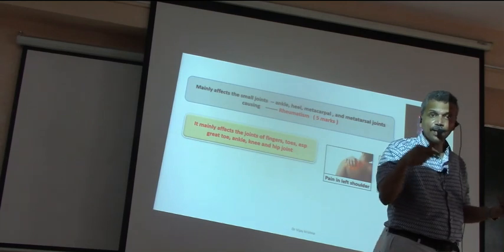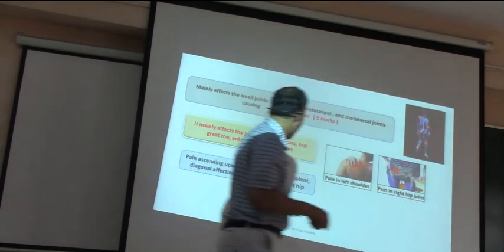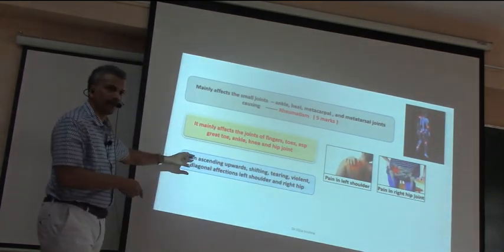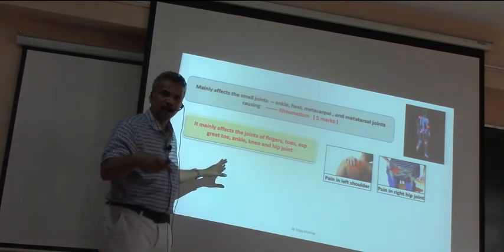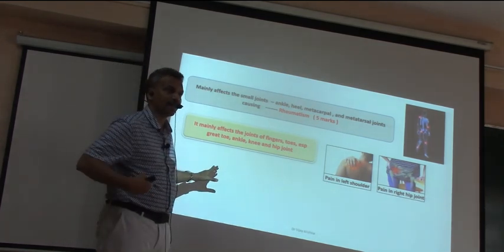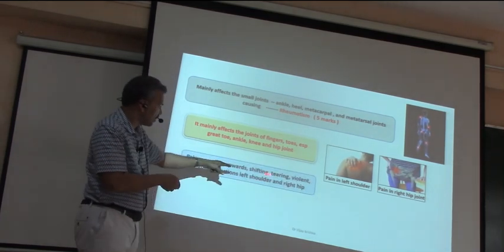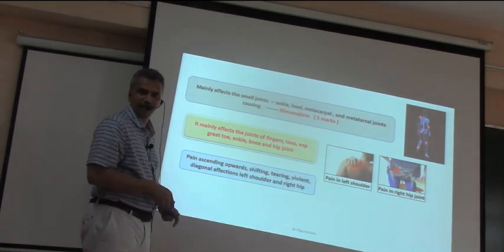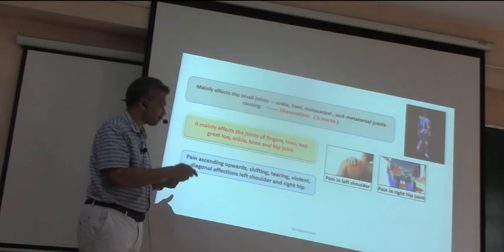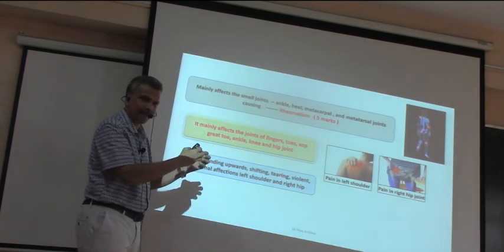In Ledum, how are the pains? This is what we call the character of pain. One you already know, the pains ascend. You can write ascending rheumatism. And pains which keep shifting. And pains which are tearing.